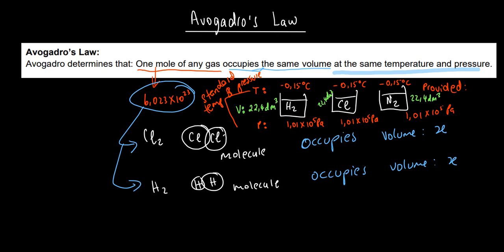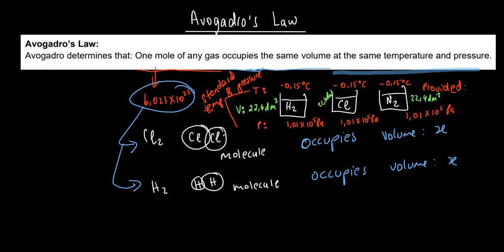By the way, negative 0.15 degrees Celsius in kelvins is going to be 273 kelvins.